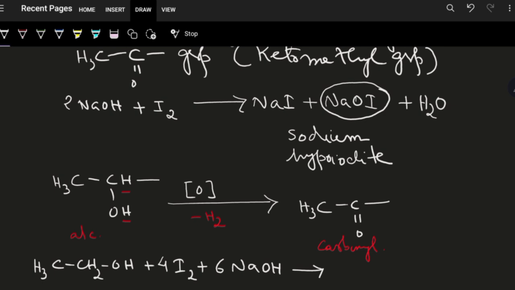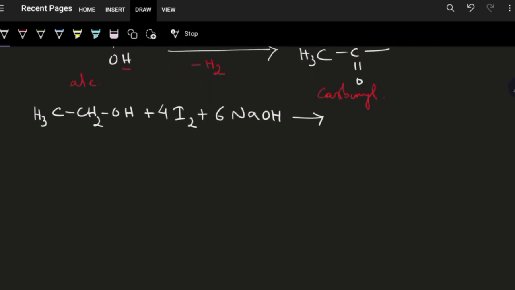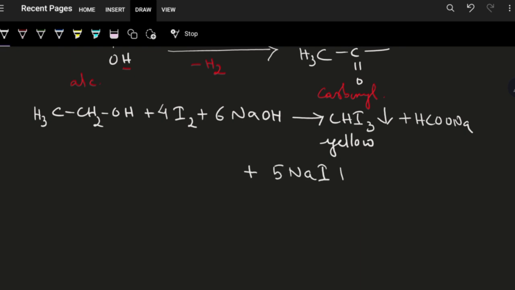So it will react to give CHI3, a yellow colored precipitate of iodoform. Along with this, we obtain HCOONa plus 5 moles of NaI plus 5 moles of H2O.